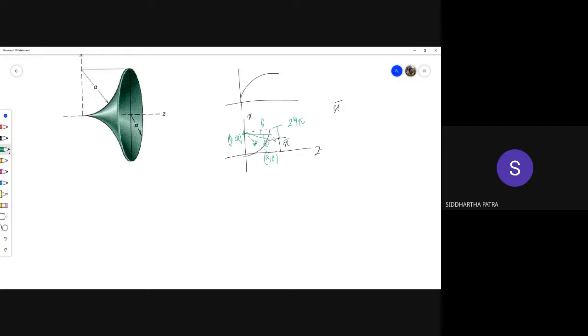So if this is twice a by pi, then this is essentially a minus twice a by pi, that is x bar. And by the time you get the x bar, you don't need any further expression. You can simply use this to get the surface area of revolution. So here the only thing that you need to get is the surface area of revolution.